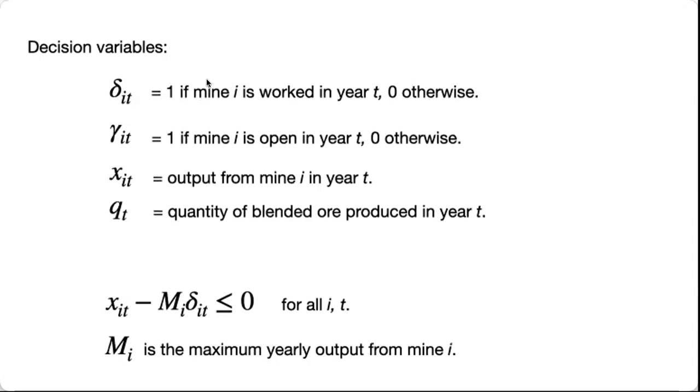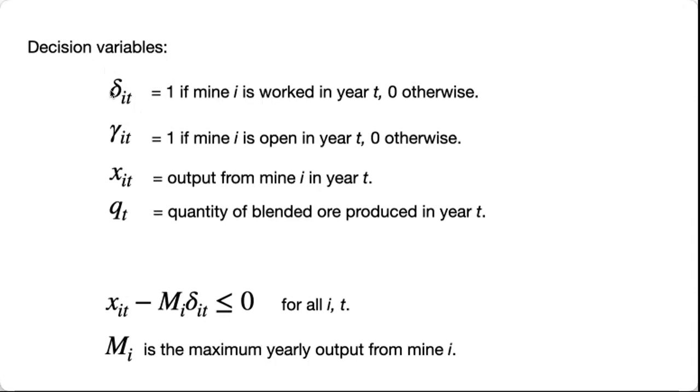So we have delta and gamma, which represent true or false. It's a binary variable, it can be only 0 or 1. For example, delta is the logical variable representing if the mine is worked in that year.